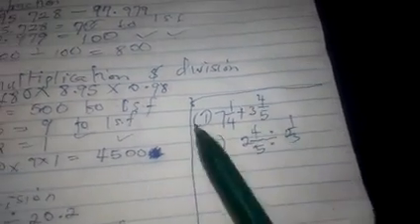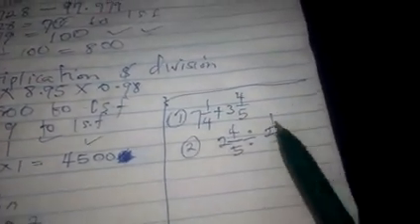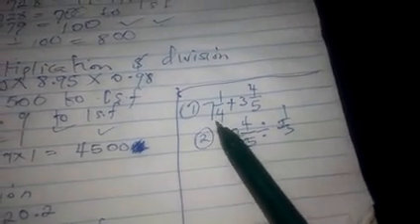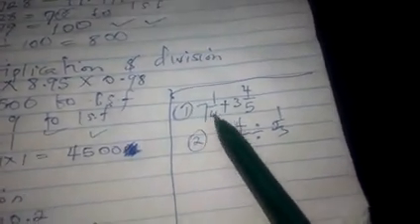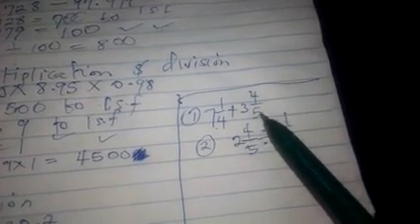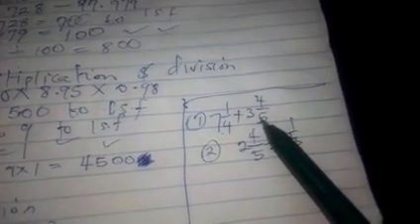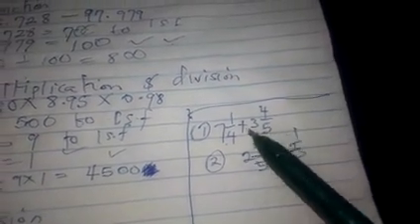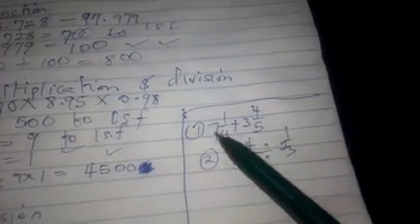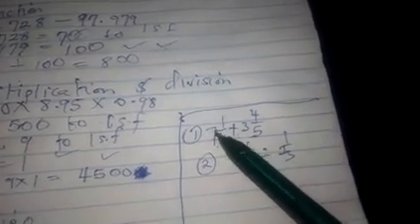So I will just explain, but I will not solve. What you need to do here is that you will turn this mixed fraction into improper fraction. Do the same thing for this one. Are you following now? Then you find the LCM. You make everything just or divide this one.